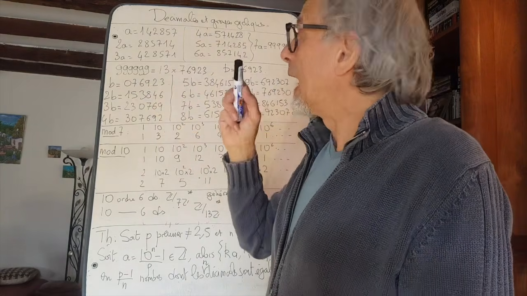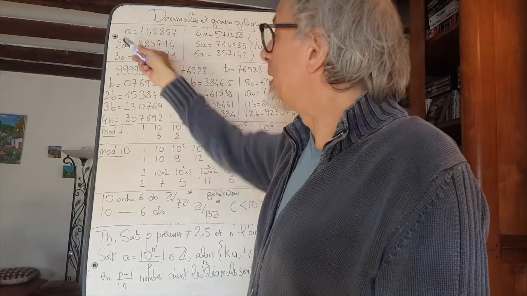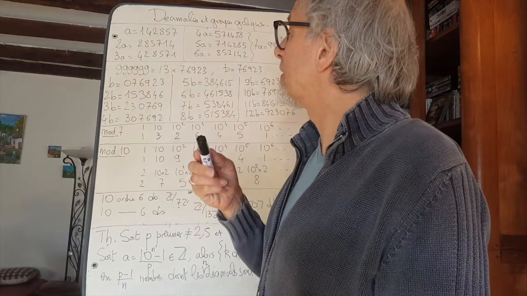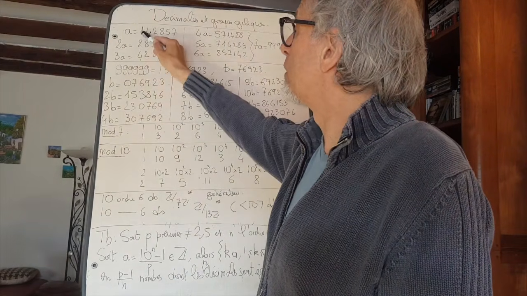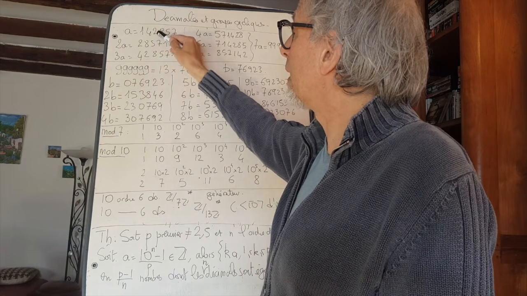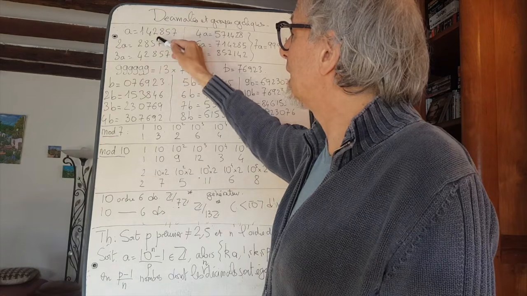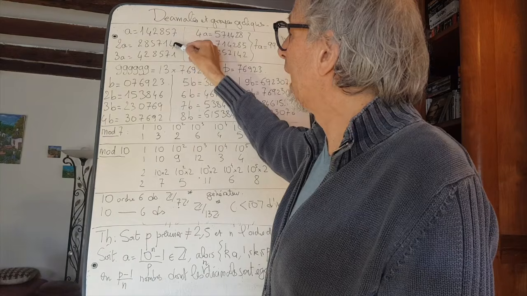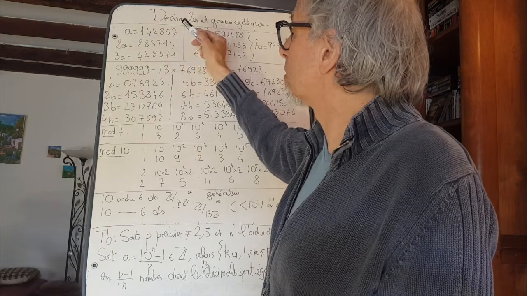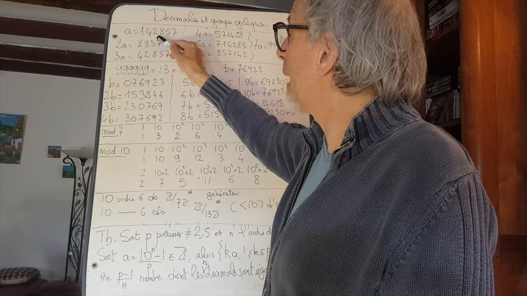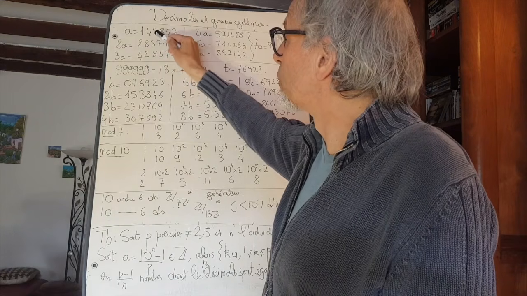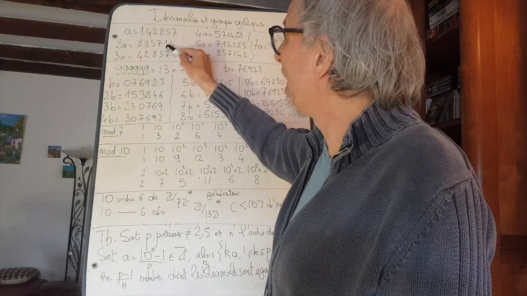Why? Well, look, you multiply it by 2, and what will that give us? You have 2a, you do the carry. Over there, 5, 7, 1. There you go. And what do you see? Well, it's a cyclic permutation of this number: 2, 8, 5, 7, 1, 4.